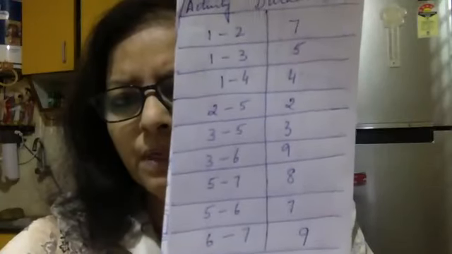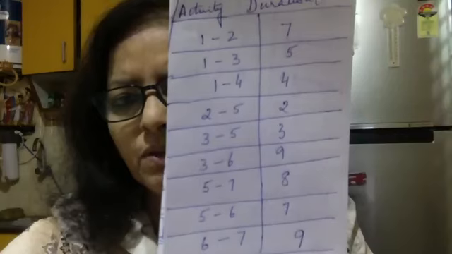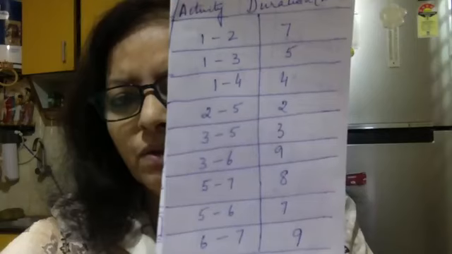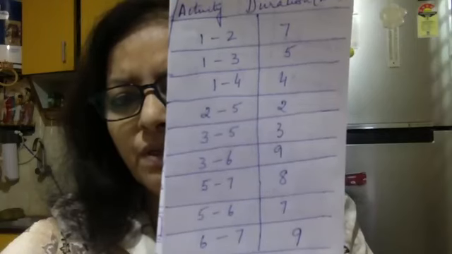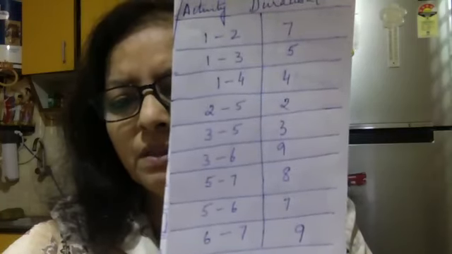If some of you have not caught on, I will tell you how to write it. The first column is 1 to 2, 1 to 3, 1 to 4, 2 to 5, 3 to 5, 3 to 6, 5 to 7, 5 to 6, and 6 to 7.